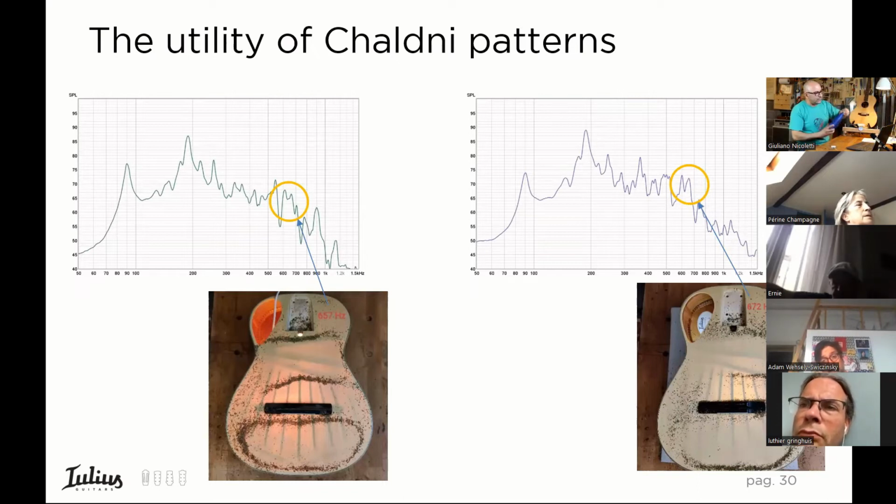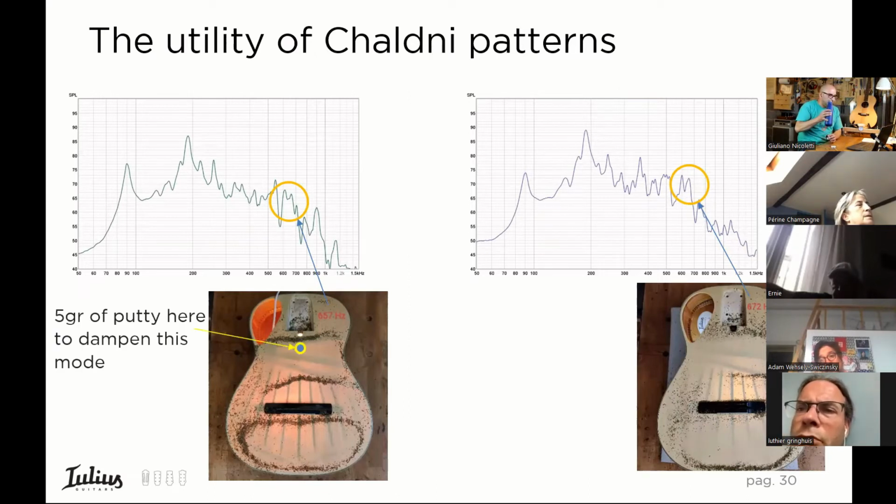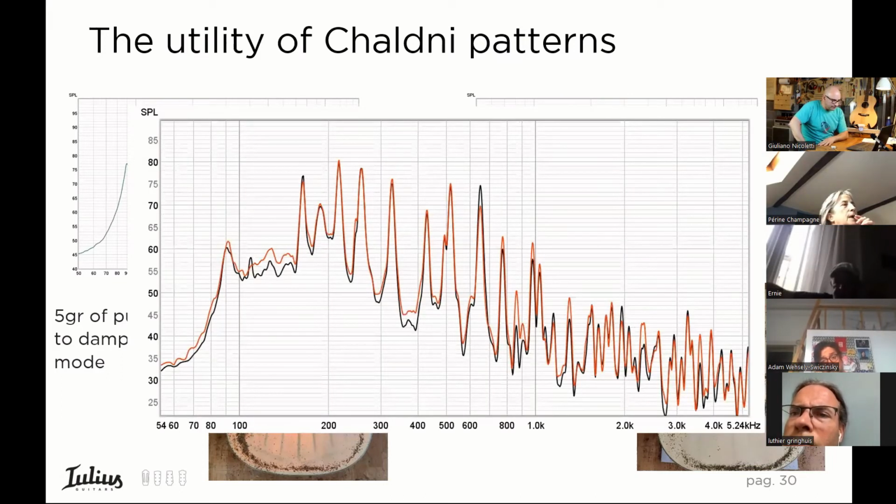And I found a solution, which was to put 5 grams of putty in this place, because this point of the soundboard is very far from the monopole. It didn't have any kind of influence on the monopole. In this case, I am recording an open A chord, and you can see at 660 Hz, the black curve is without putty, the red curve is with the putty.